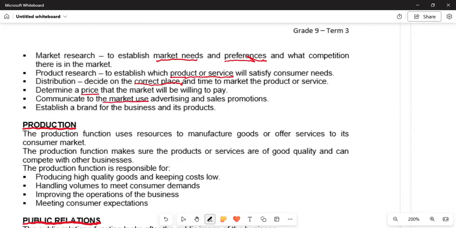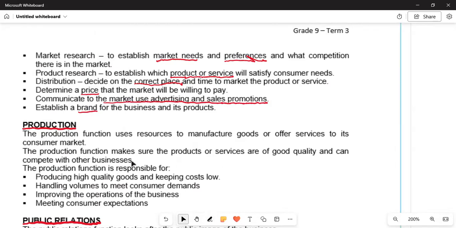Very important. And sales promotions. So that is very important also, to make sure that your product is going to sell in the market. Establish a brand for the business and its product. So here you establish a brand for the business and its products.